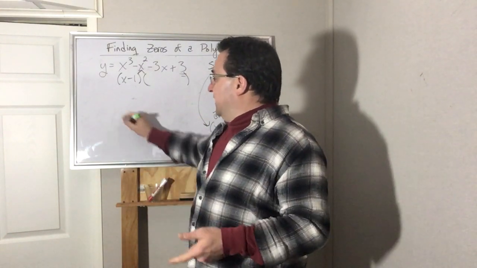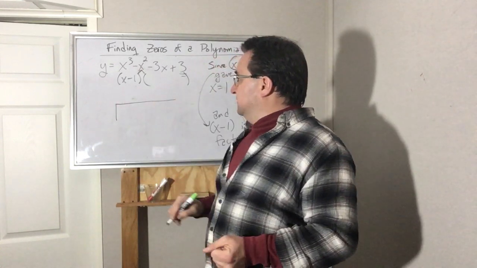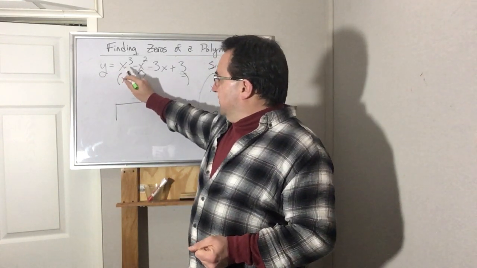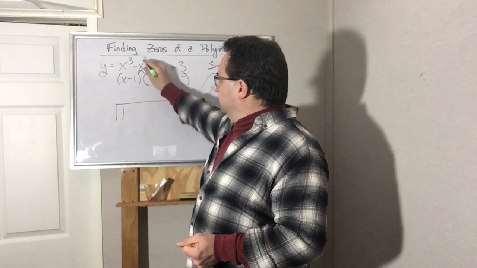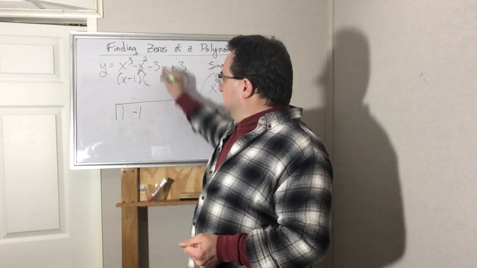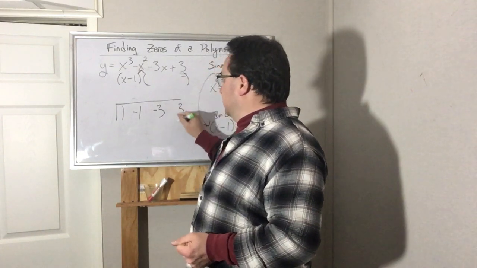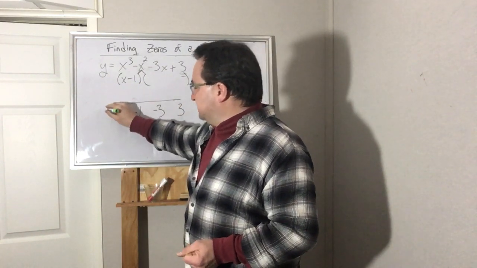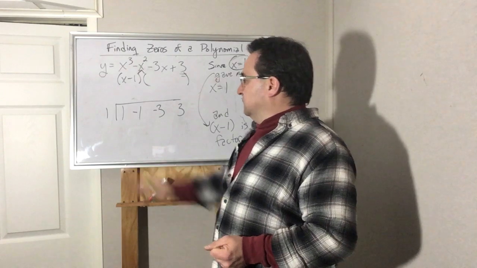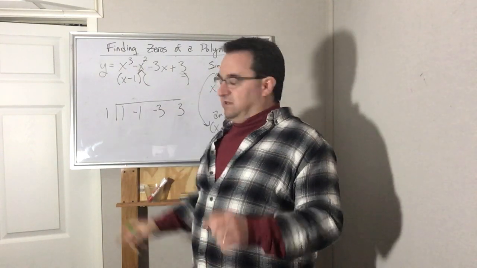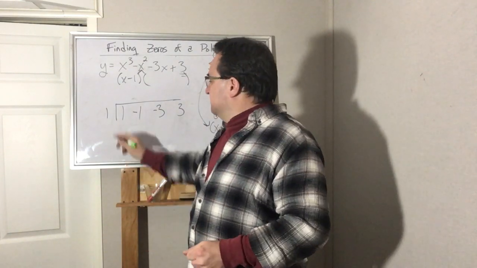Now personally, I would like to use synthetic here. So let's see if we can remember how to do that. 1x cubed minus 1x squared minus 3x plus 3. And here I'm going to switch the sign. Notice I'm back to what I originally plugged in. I know that gives people a headache.